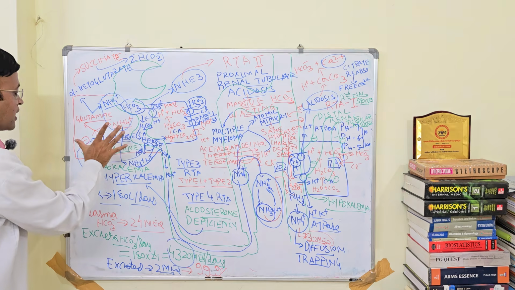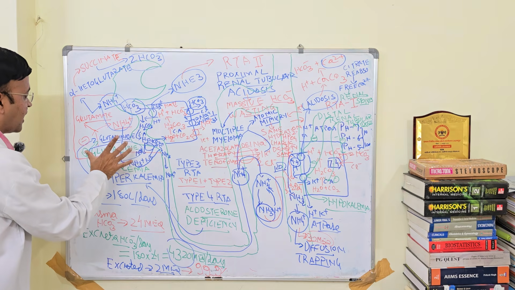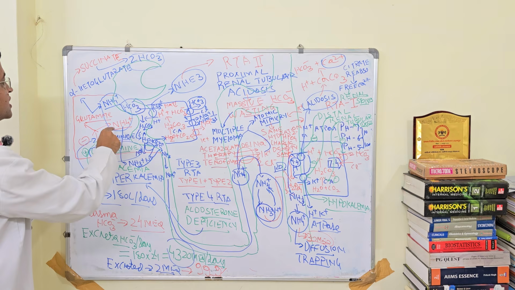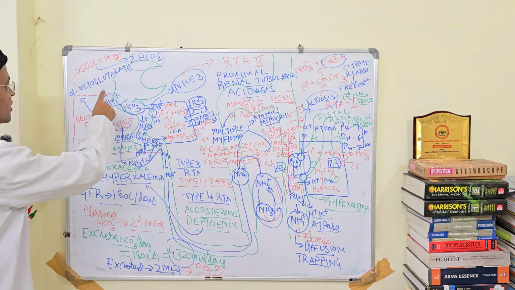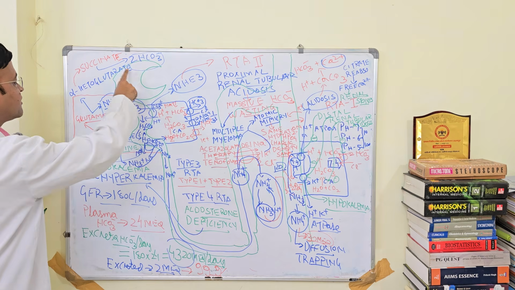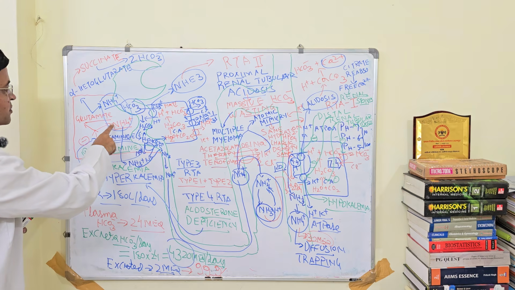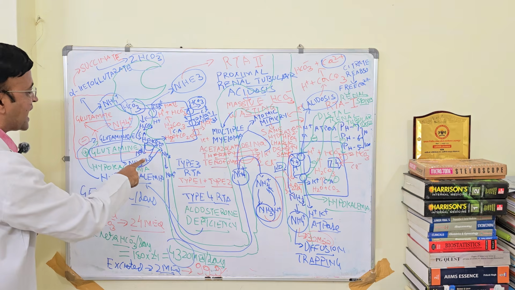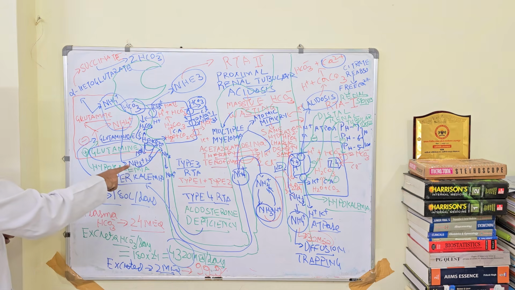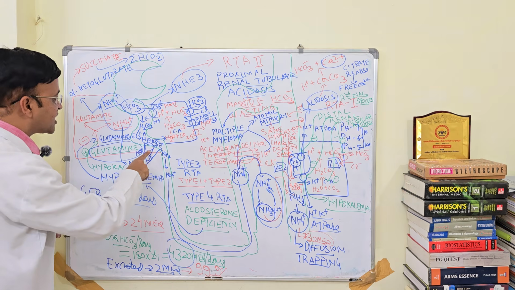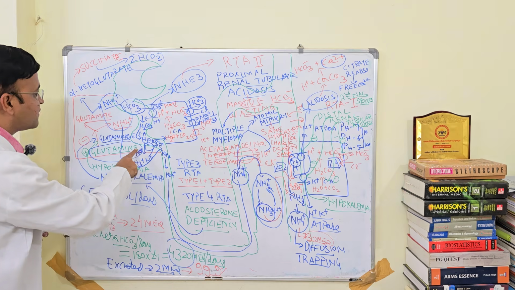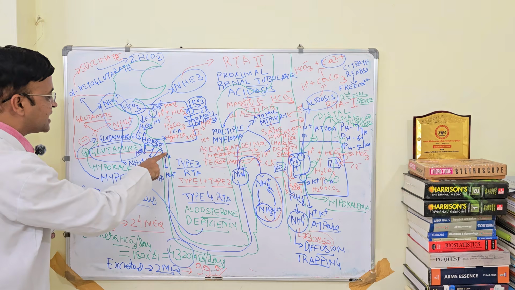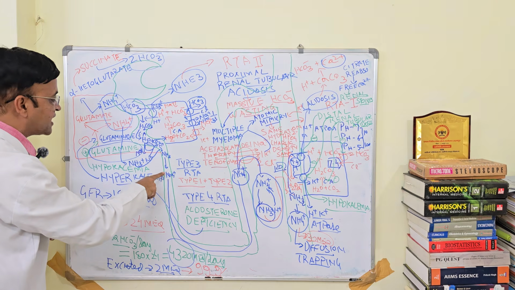So every single molecule of glutamine gives us 2 molecules of NH4+ and 2 molecules of bicarbonate. This NH4+ can't cross the cell, so it will break down into NH3 and H+, right? And this NH3 can freely diffuse, and H+ will go inside with the help of the sodium hydrogen exchanger. NH3 and H+ will combine to form NH4+.